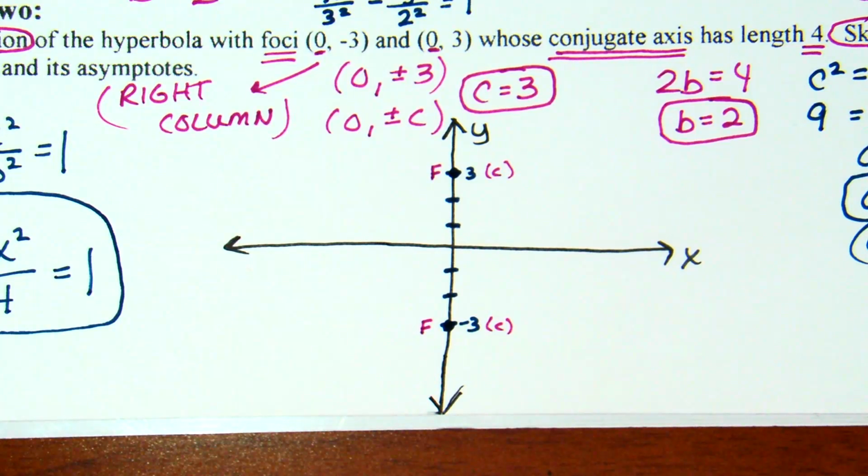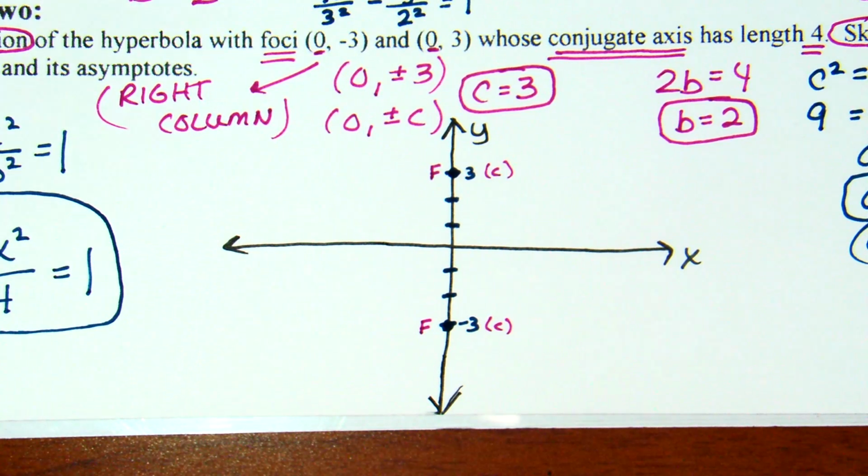Now, we need our vertices. And our vertices, if you look up in a chart, are based on our A value, which we have, correct? What is our lovely, fun A value? Square root of 5. Thus, I wanted my 2.23 number. 2.2 is plenty. So, because we're in the right column, my vertices are (0, plus or minus A).